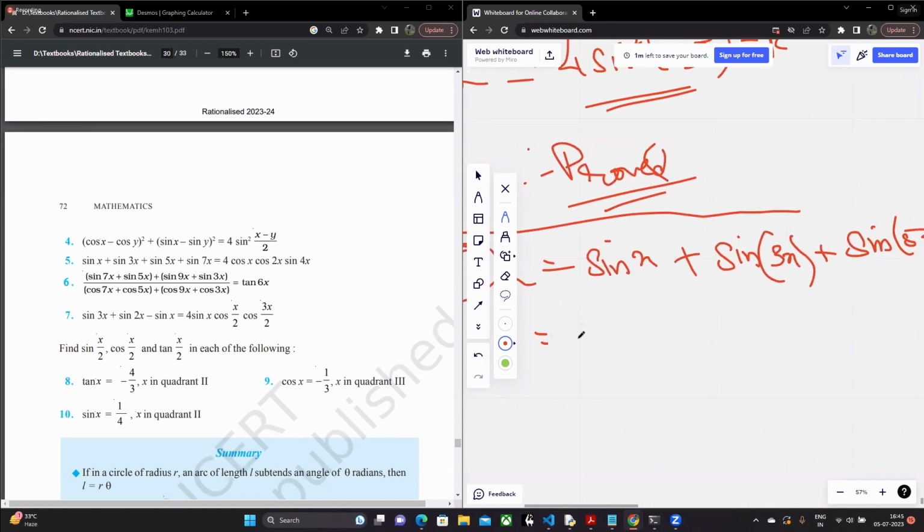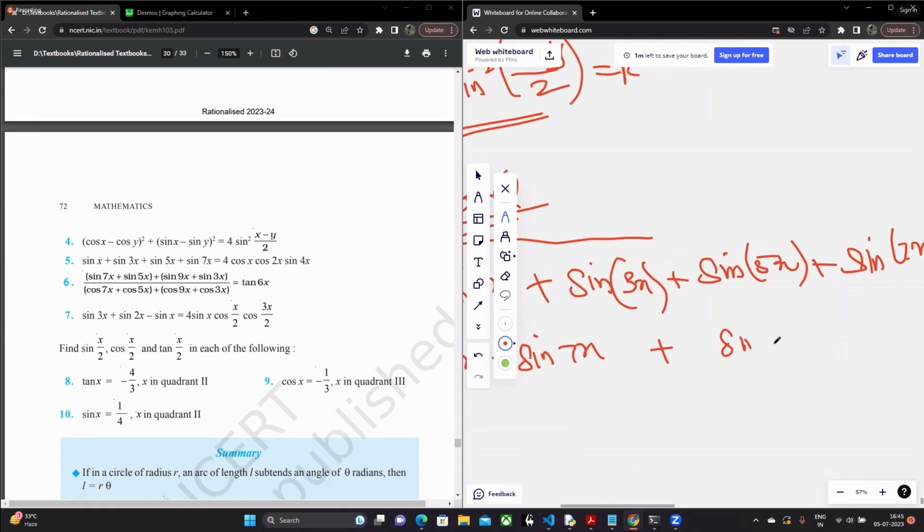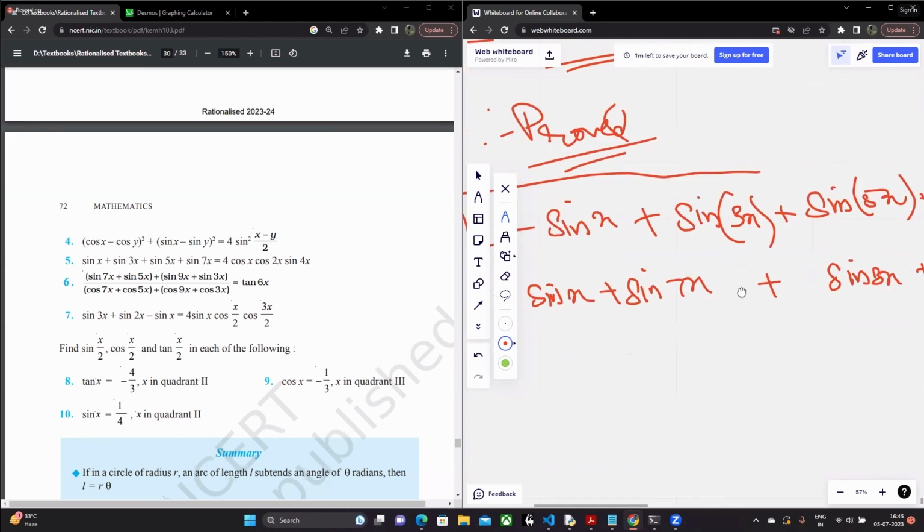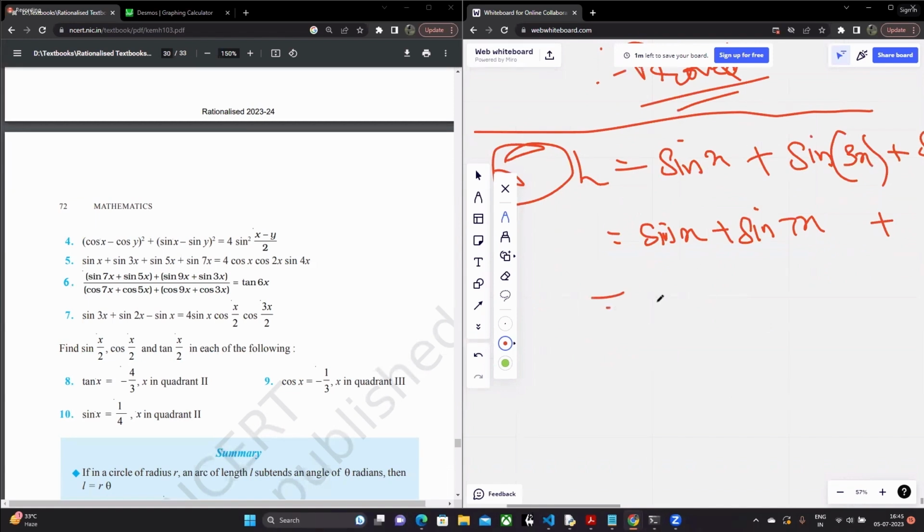I'll rearrange this as sin x plus sin 7x, plus I'll rearrange this as sin 3x plus sin 5x. So what I do is add these both.